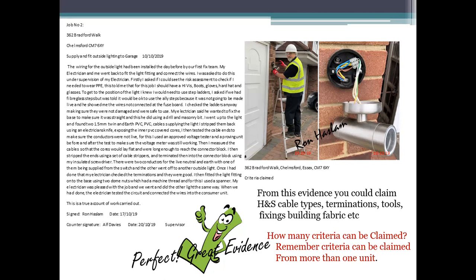We can also see that the screws that fit the top of the light onto the base are machine screws. We know we'll have dome nuts on those, so we can see that from the evidence. We can see the access equipment in terms of the steps.